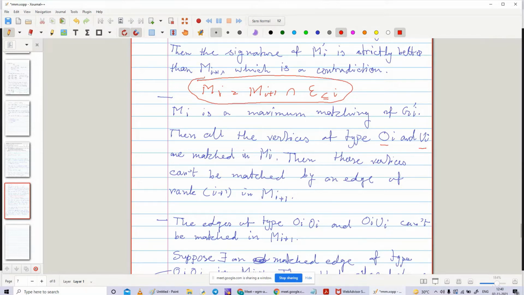So those vertices will be matched by an edge of rank less than or equal to i, so they cannot be matched with an edge of rank i+1 in M_{i+1}. That is the point. So where do you have the doubt?